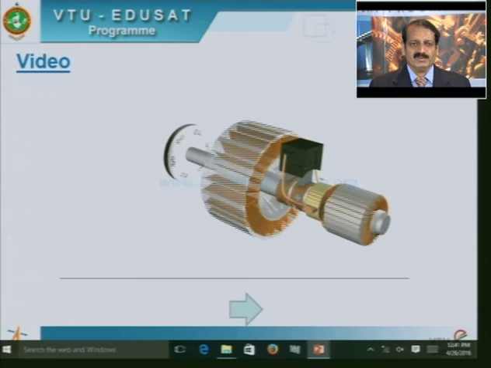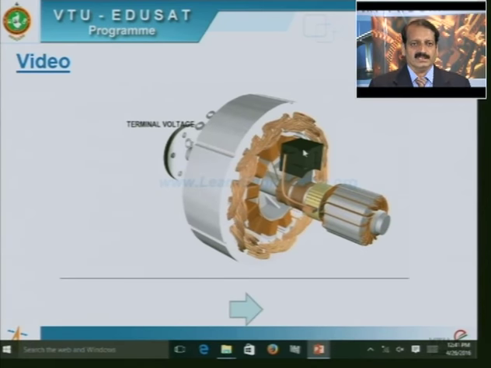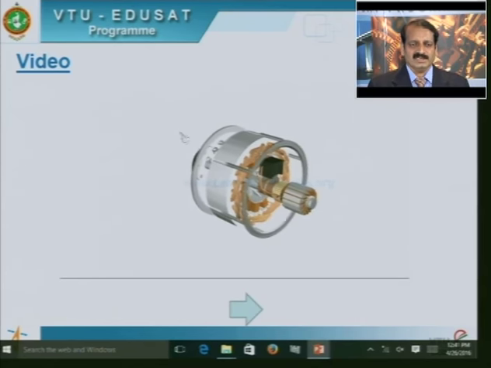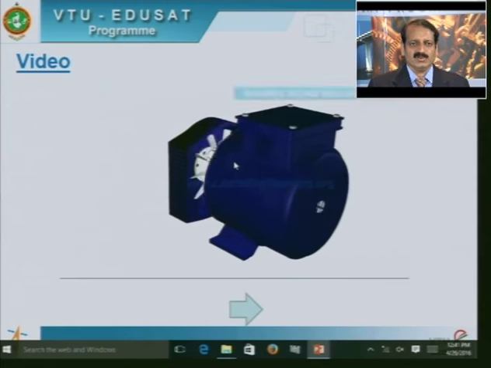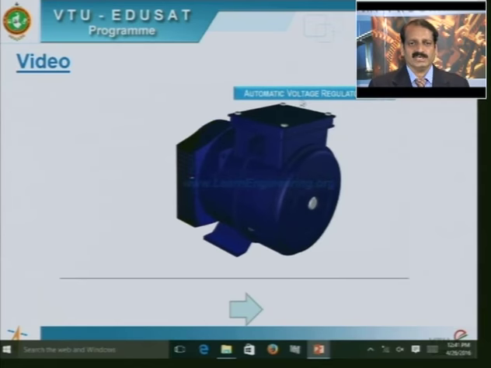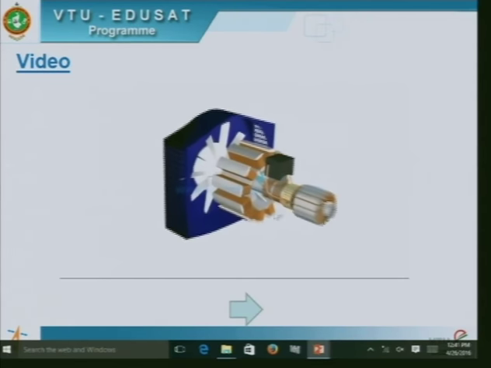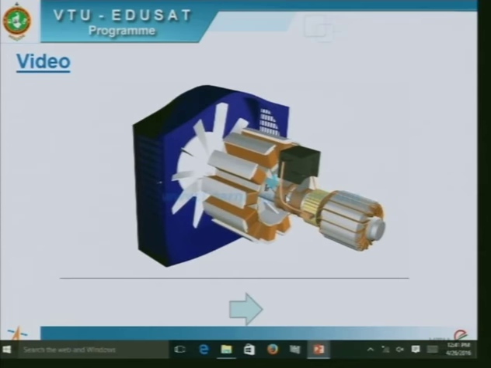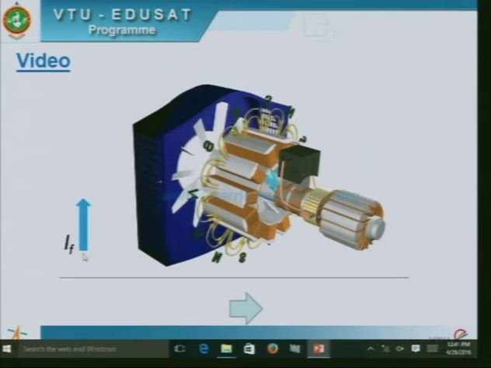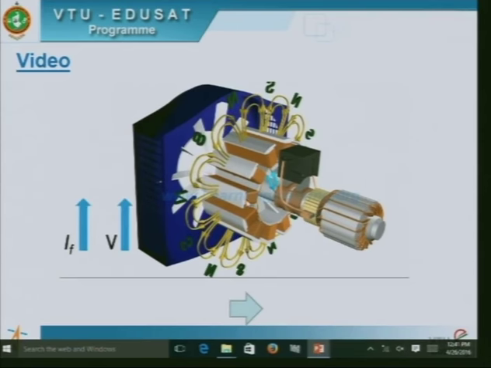And whenever the alternator is loaded, the terminal voltage is going to drop. In such a case, the terminal voltage is to be kept constant using an automatic voltage regulator, and this automatic voltage regulator will increase the current flowing through the field winding, and because of the increased field current, flux is increased, and increased flux is going to increase the voltage.